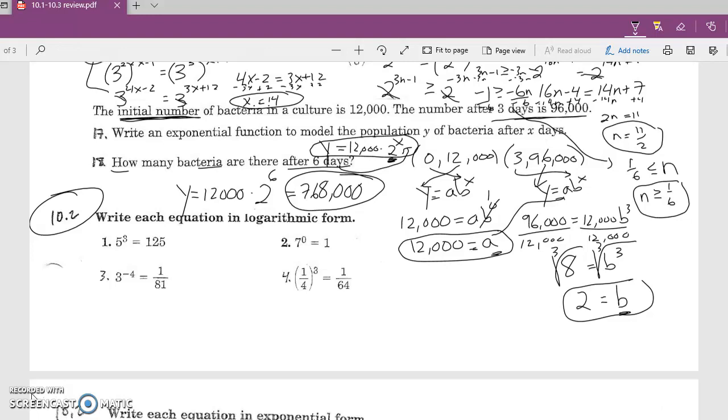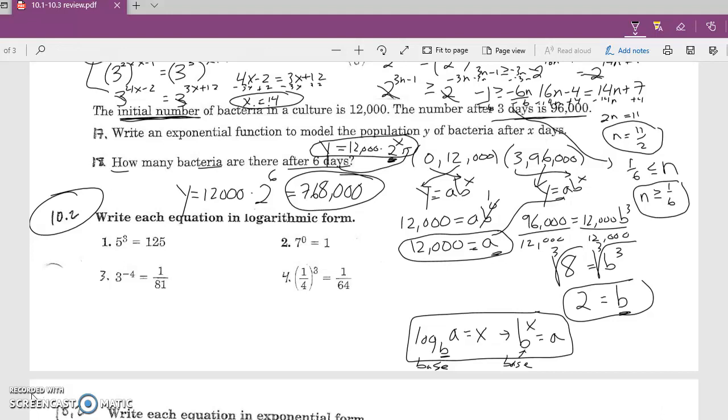Now basically, when you guys did your notes, I'm going to do a little tiny section of notes right here. We should have learned that log base b of a equals x only if b to the x equals a. So the way I always teach this is, this is called the base of the log, and this is called the base of the exponent.